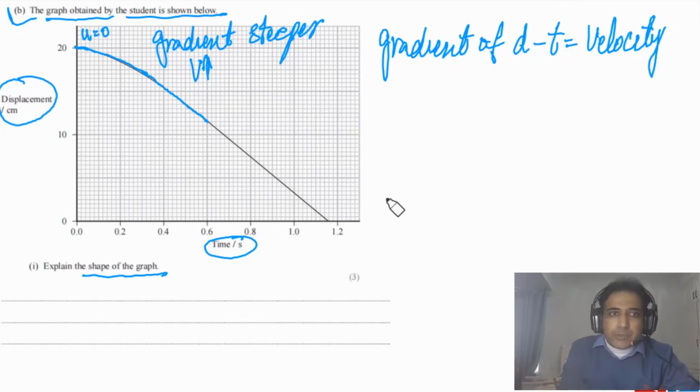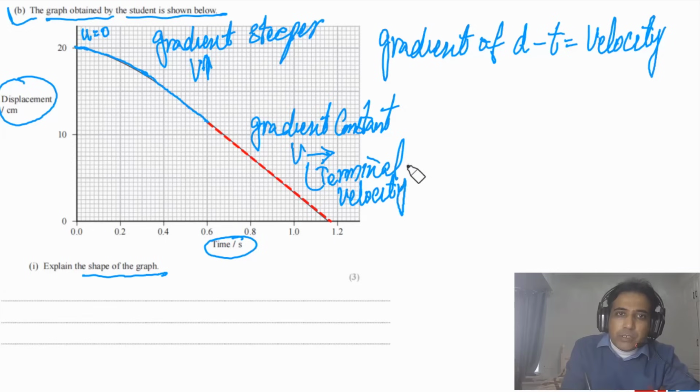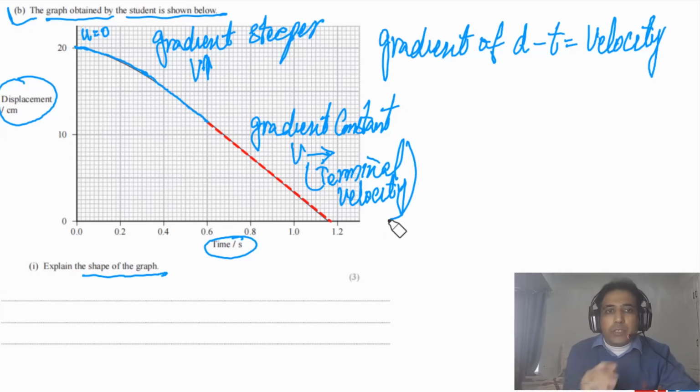And after this point, we can see it's a straight line, meaning the gradient is constant. So here we can say this gradient is constant, it means that v is also constant. So you can also simply say the ball bearing has reached terminal velocity. So these are the points you need to understand to answer this question.